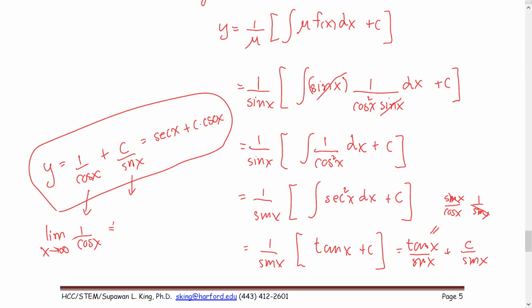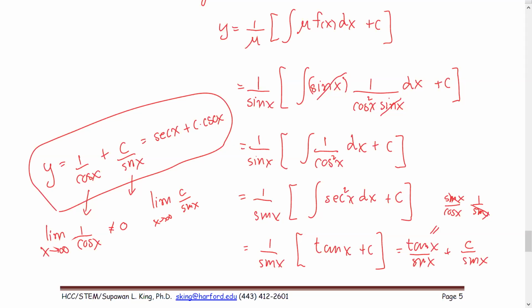We just say it's not going to be 0, because the worst case could be 1 divided by 0, which is approaching infinity. Our goal is to identify the transient term where the limit is 0. The limit of c over sine x behaves similarly, since c is a constant term and acts the same way as 1.